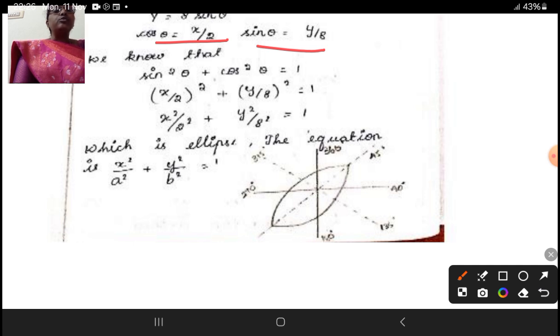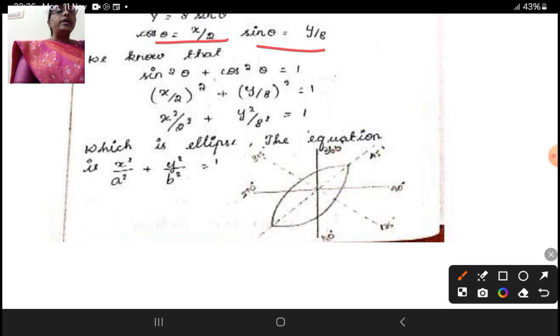That is, x square divided by 2 square plus y square divided by 8 square equals 1, which is x squared by a square plus y squared by b square equals 1. It is like an elliptic equation, so the deformed boundary is an ellipse.